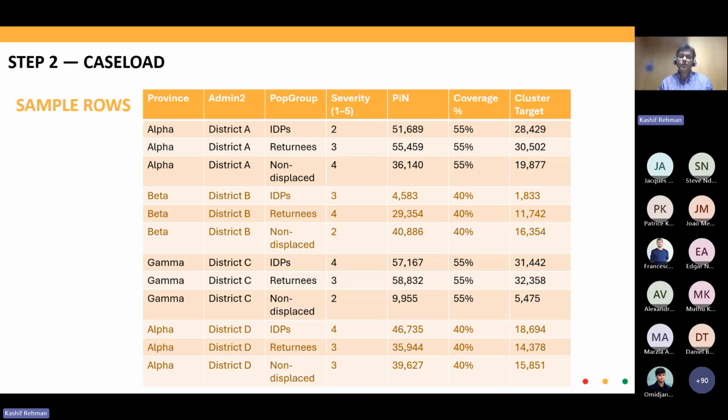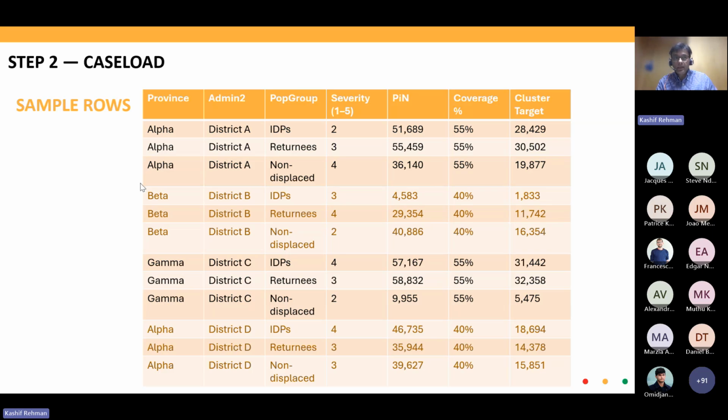So this is the overall target by population group and by location, for the selected administrative location. And likewise, you can see that the other rows represent each of the districts and also the population groups. So that's how the overall target figure is calculated.